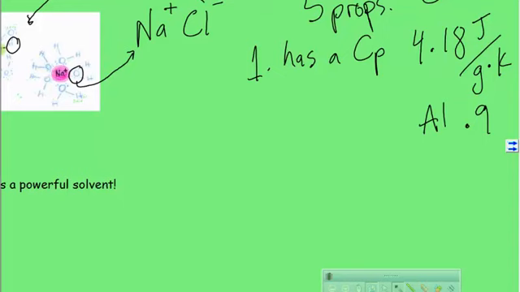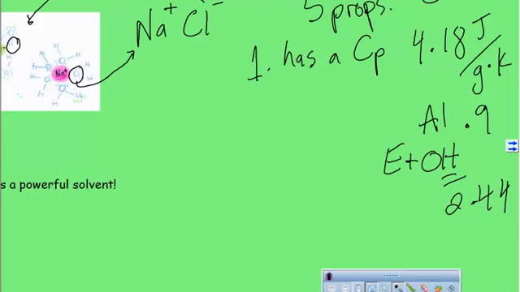They transfer heat really well, and they do it quickly. And something like ethyl alcohol, which we call ETOH, has a specific heat of around 2.44. So higher than metal, but considerably less than water.